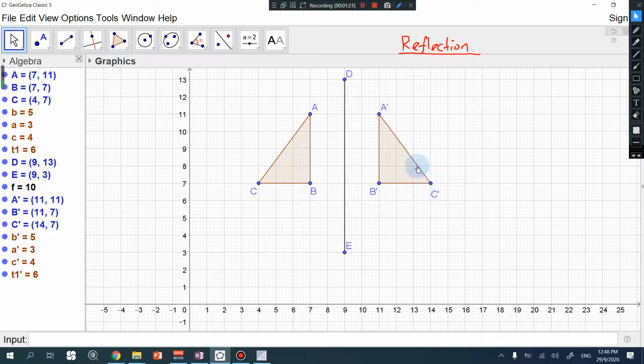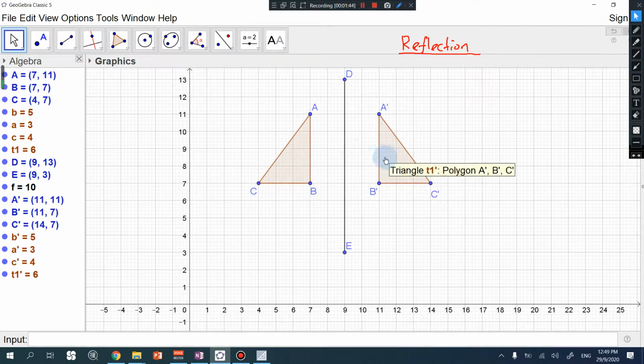Normally, we will just label the vertices of the image using the same letters as the object, but we add a prime on the top here to indicate that this is the image. So here, this point is the image of this point, and this is the image of this point. Do you notice that they are actually congruent?